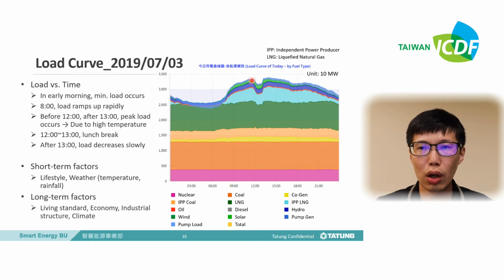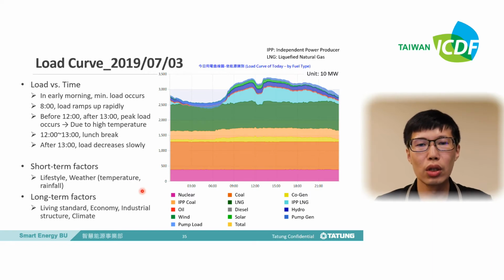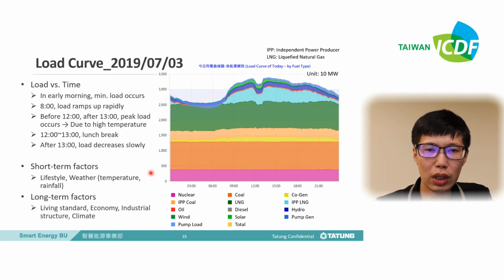And the load will decrease from 12 p.m. to 1 p.m. because there is a lunch break. So the load will decrease. And after 1 p.m., the load will keep decreasing gradually. So this is the load of the whole system.